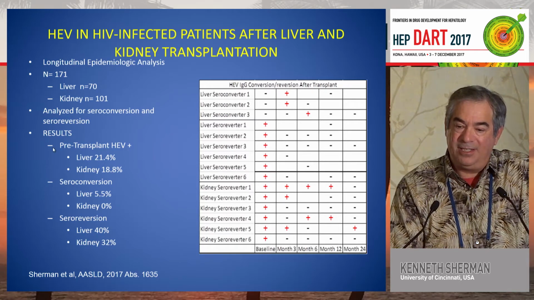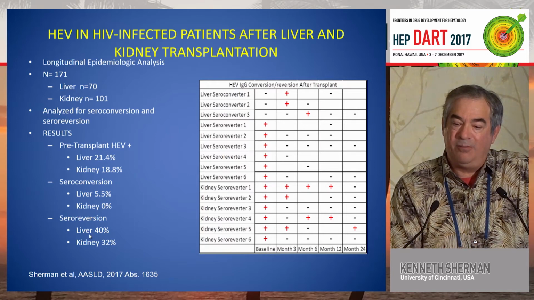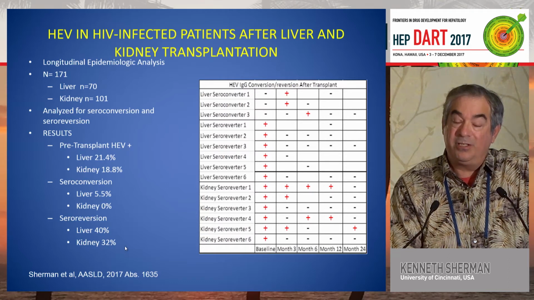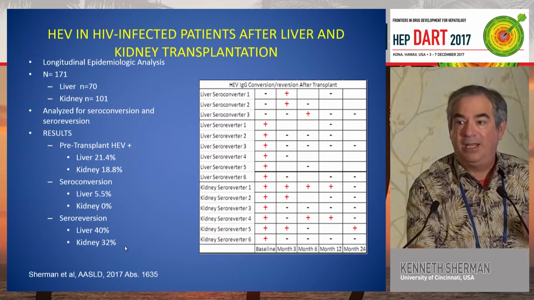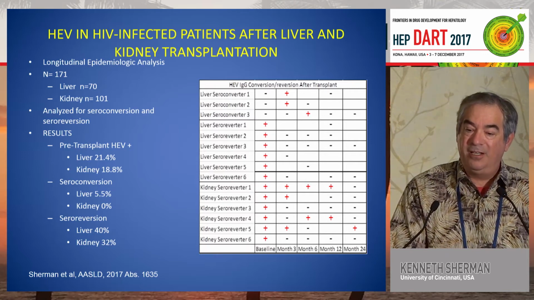You could see fairly high rates of seroreversion in both liver and kidney recipients, which was associated with them getting immunosuppressants following transplantation.